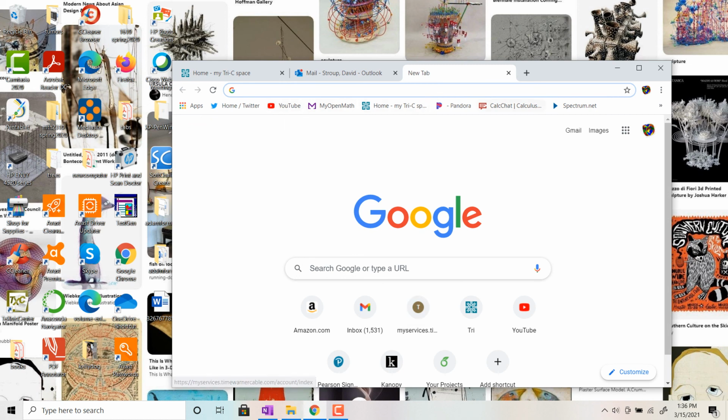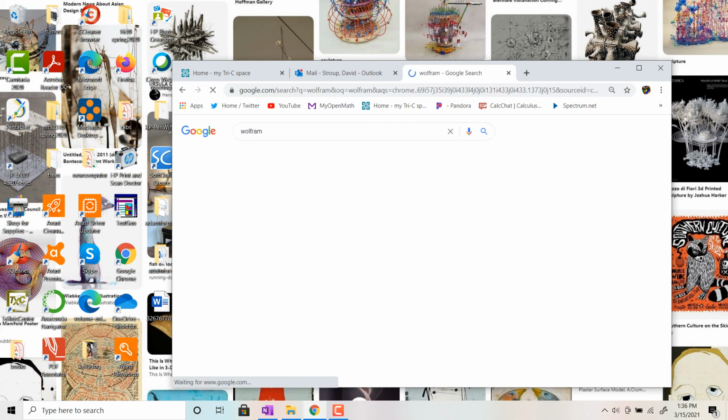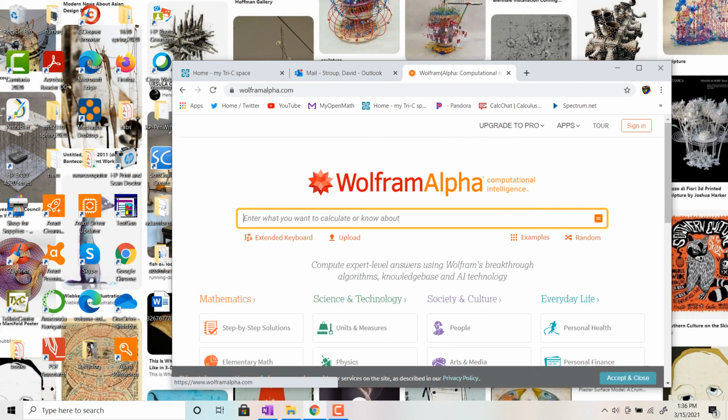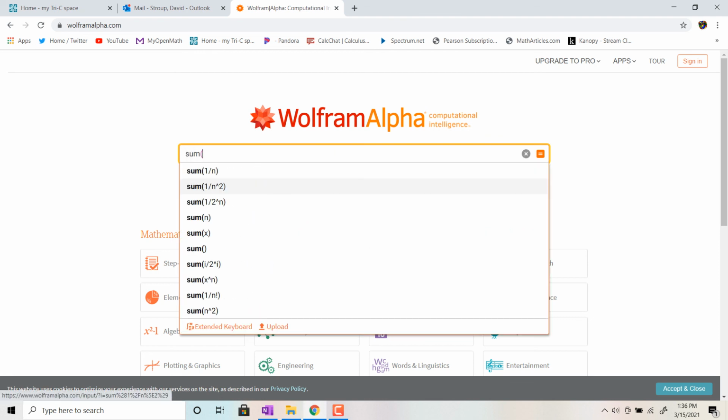Let's go to Wolfram. It's almost like if you added up one term of the harmonic series every second, it would take until the end of the universe just to add up enough terms to get you to like 1,000. It's just slow as molasses.